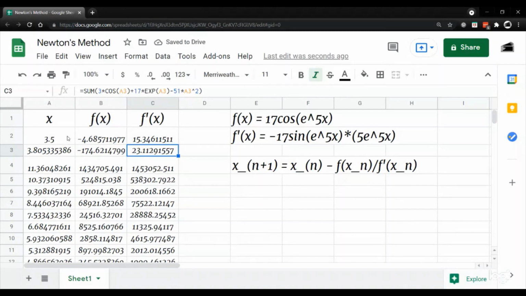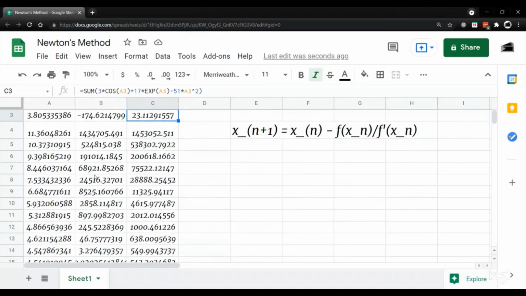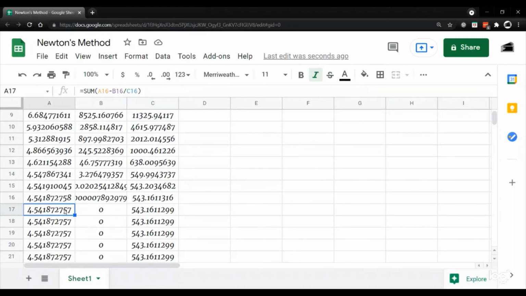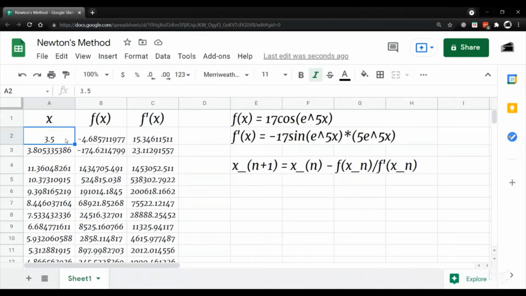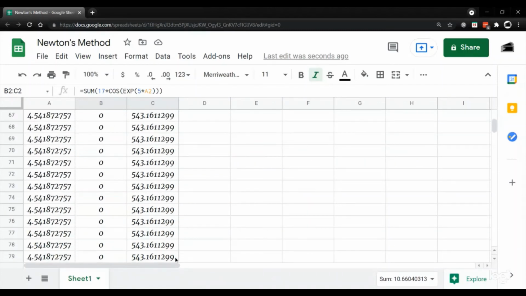And so now what we can do is we can see, does this have any zeros? And eventually we do. Oh, notice how these are different than up here. So we really needed to then take this and drag this all the way down.